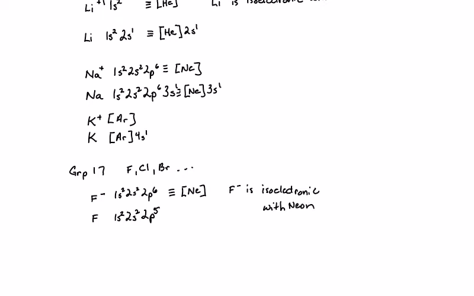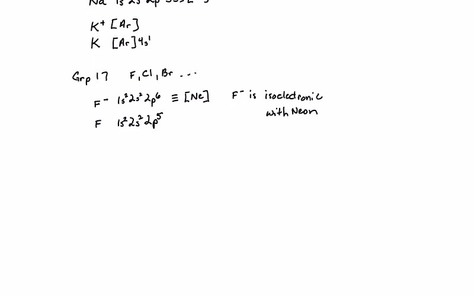And we can do the same thing with chlorine and bromine. Each one of them is just one electron away from having the same electronic configuration as the next closest noble gas. Now if we go across the periodic table, we can see this trend play out a little bit.